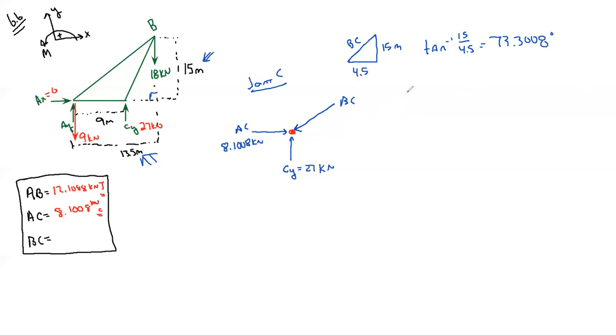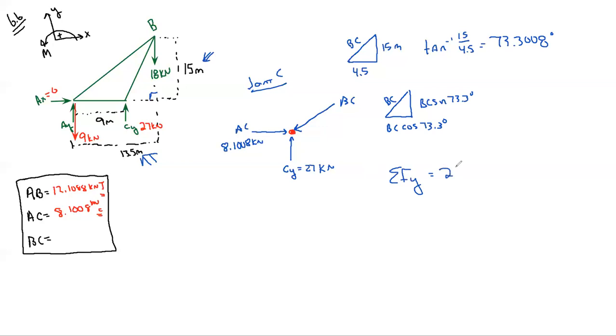Now we need the forces. So we need the x and the y components of BC. This is going to be BC cosine 73.3 degrees, BC sine 73.3 degrees. Let's just take summation of forces in the y direction.